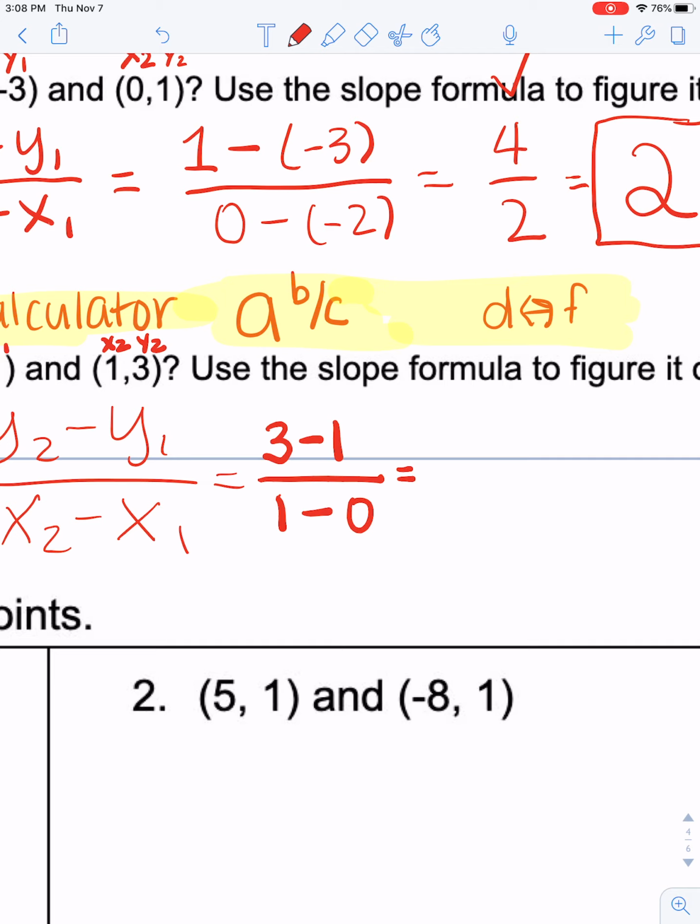I'm going to use the a b/c button and put 3 minus 1, and then 1 minus 0 for the denominator. After you executed it, that should have given you 2 over 1. And if you do the D to F button, that would be 2. Or you could have just gotten 2 right away.